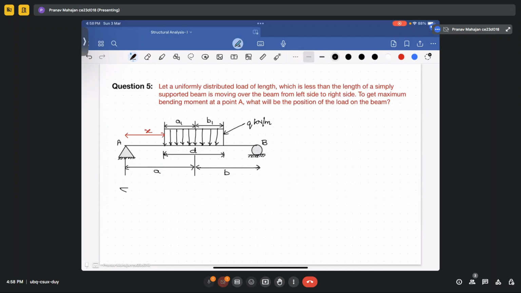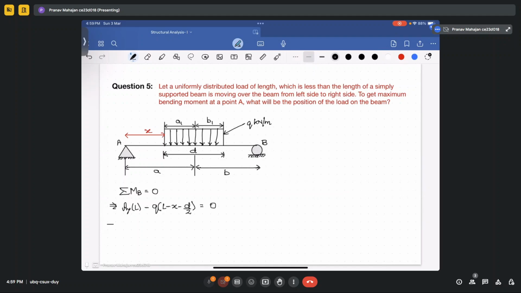Now let's solve this problem. Summation of moment at B will be equal to 0. So you will get Ay into L, minus q into d, which is the load, into L minus h minus d by 2, equal to 0, where we consider the load as a point load.